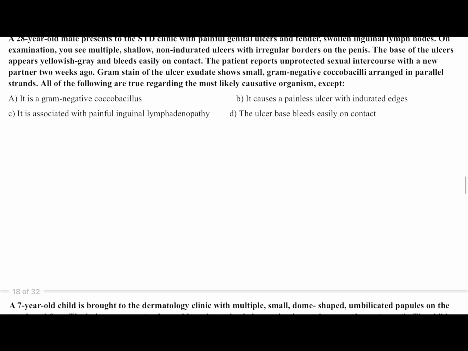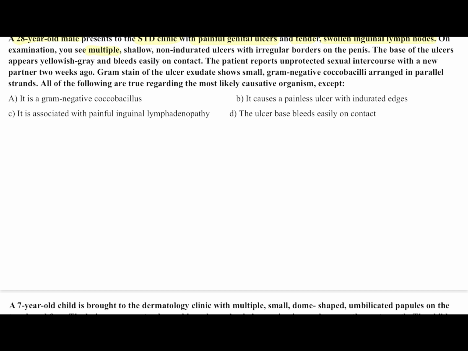So the next question is saying a 28-year-old male presented to the STD clinic with a painful genital ulcer, and tender, swollen inguinal lymph nodes.